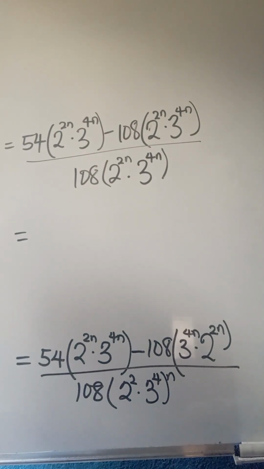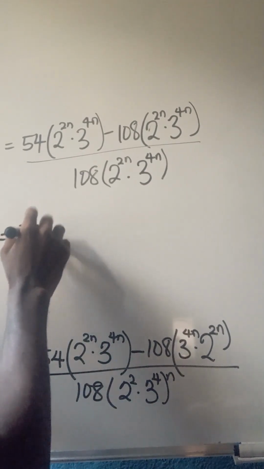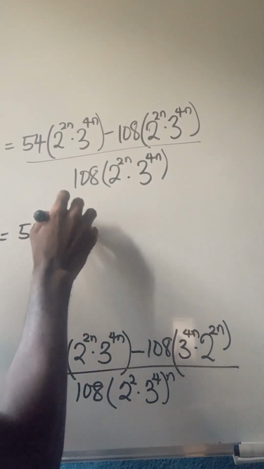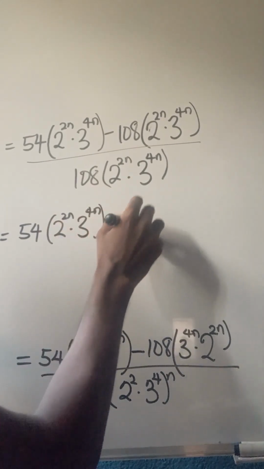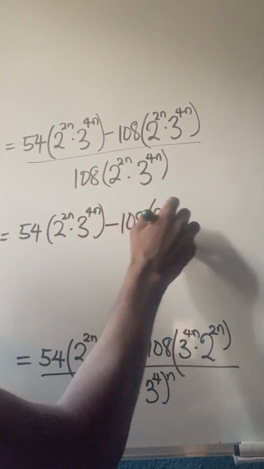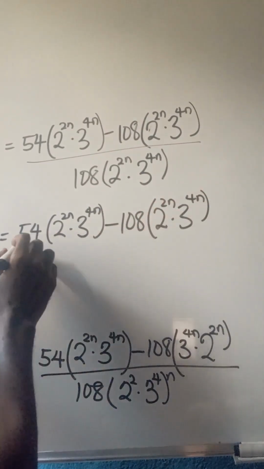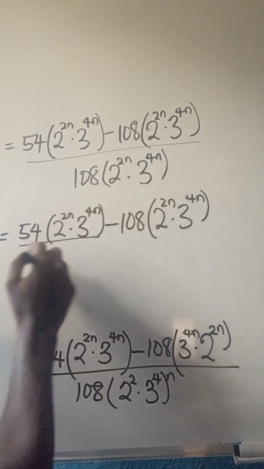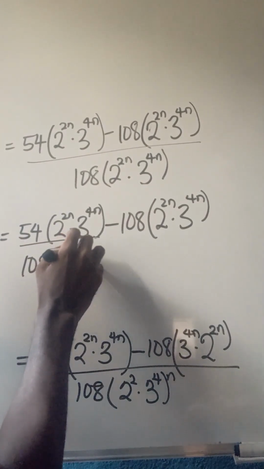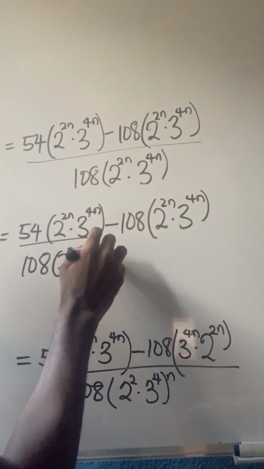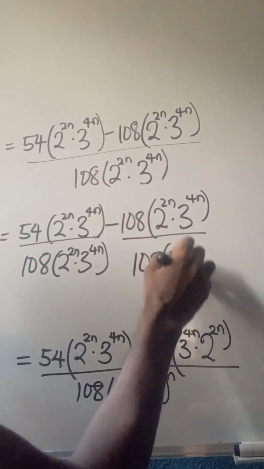Since they are common, we can simply express this as 54 into 2 raised to power 2n multiplied by 3 raised to power 4n, minus 108 into 2 raised to power 2n multiplied by 3 raised to power 4n. So this can be divided by this, and can also be divided by this.